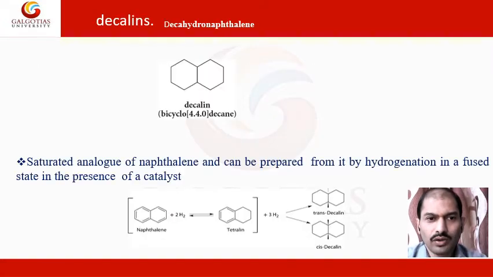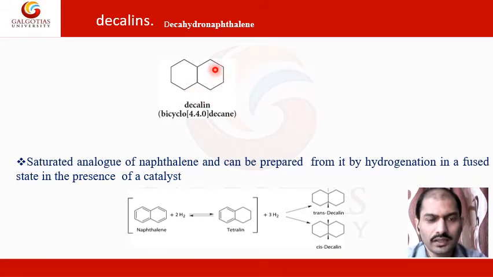Now another very important molecule for seeing stereochemistry, conformation and structure is decalin, which is two fused cyclohexane rings, and has the name bicyclo 4.4.0 decalin.